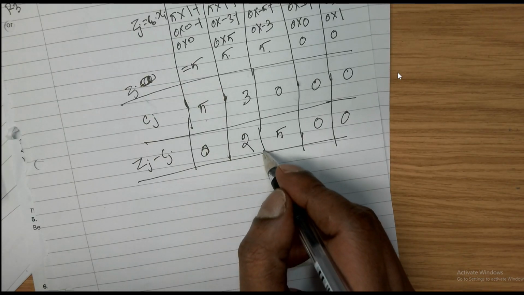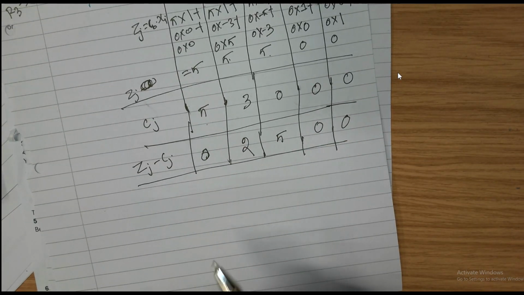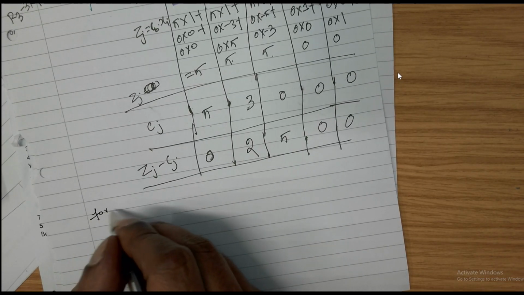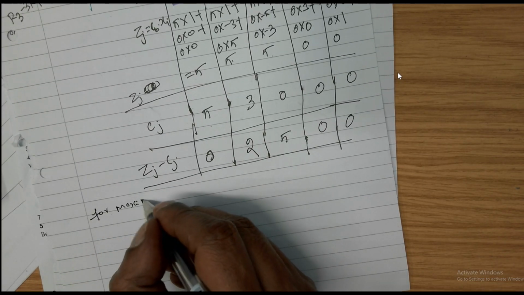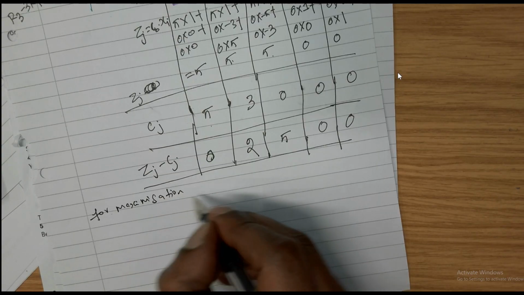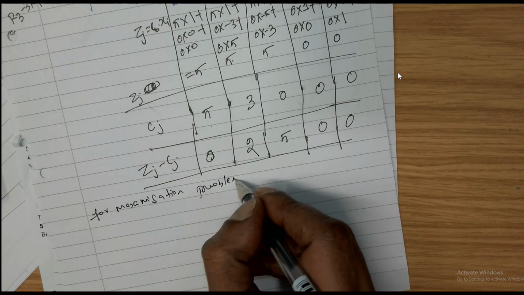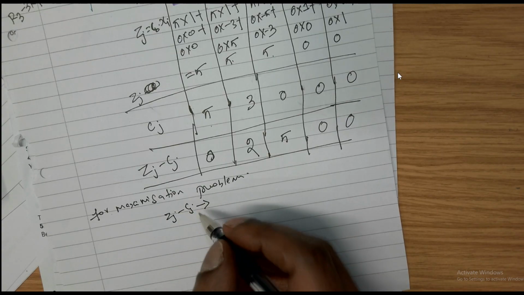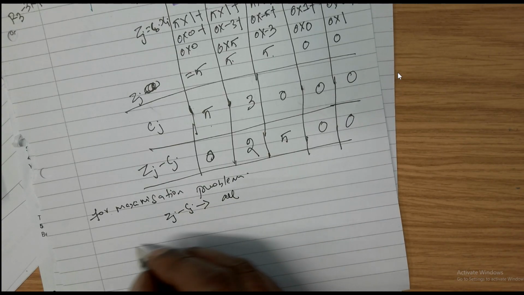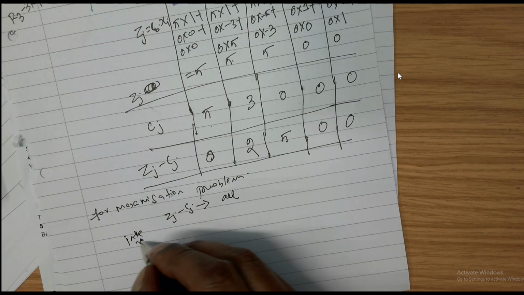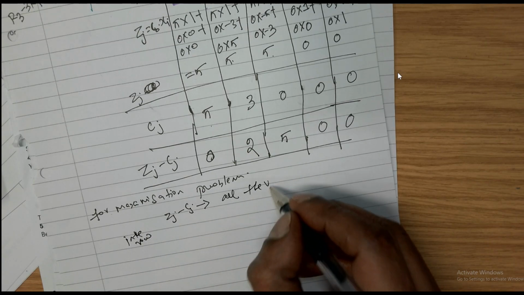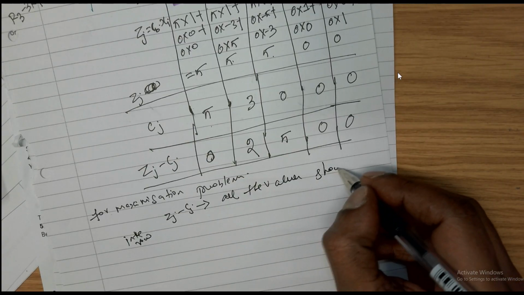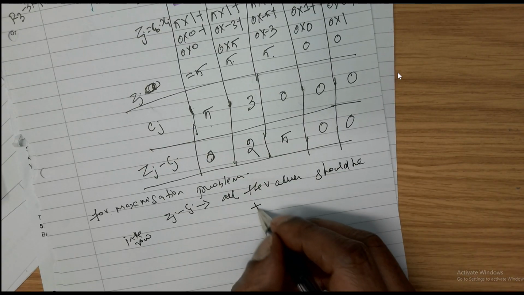So everything is positive. Now we have to write the conditions. For maximization problems, all the values in the row Zj minus Cj should be positive.